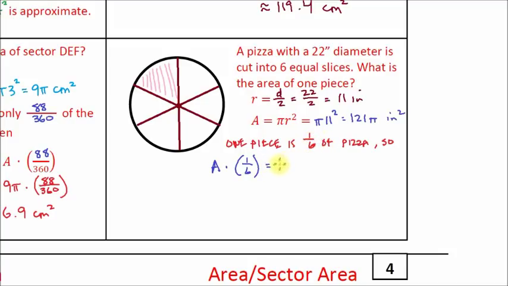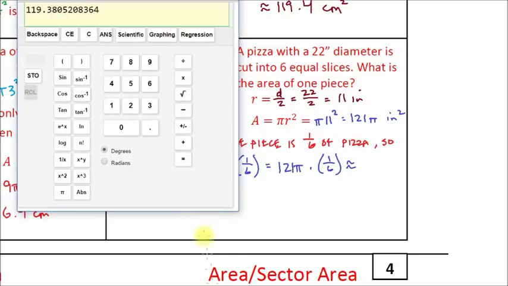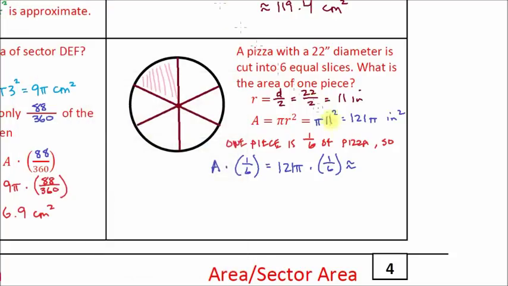We know the area is 121 pi, so it's 121 pi times 1/6. Let's put that in our calculator. 121 pi times the ratio, 1 out of 6, and we get 63.35. We have to round that to 63.4.